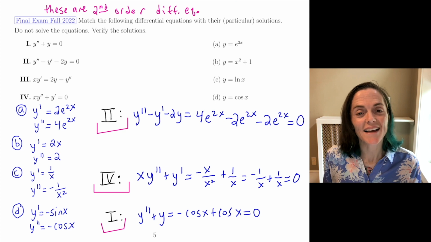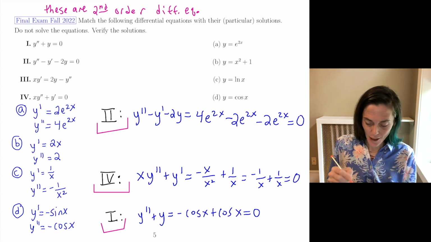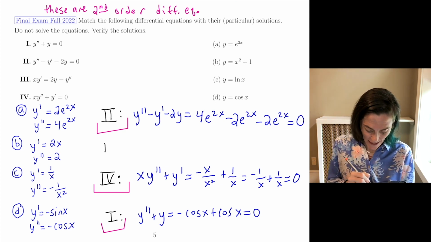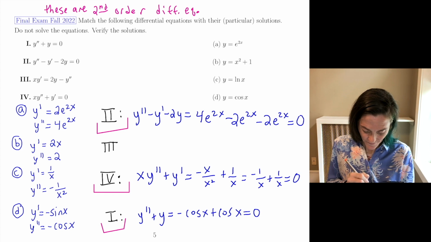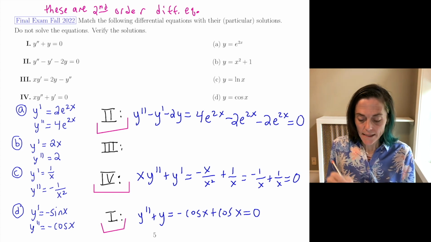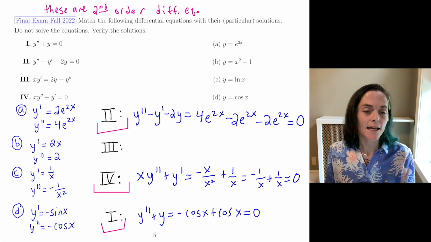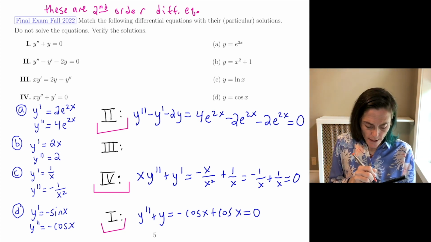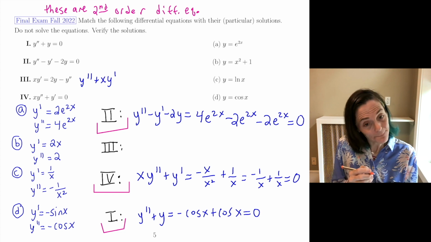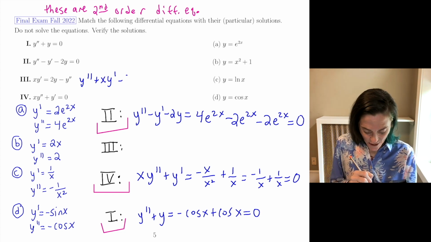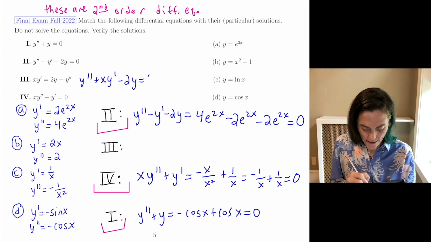The last one is letter 3, and I can go ahead and put that here. But I think it's easier to work with if I move everything to one side. So let's do that. You notice letter 3 says y double prime plus x y prime minus 2y is 0.